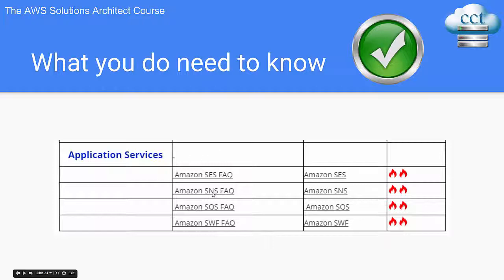I think I might have included SNS again in an application service when it's really a mobile service, but we will sort that out later on. Important thing is we'll go through these briefly. They're not super duper important, however occasionally you'll see a question pop up on one, two, three of these maybe, and it's very important to understand the differences between them all.